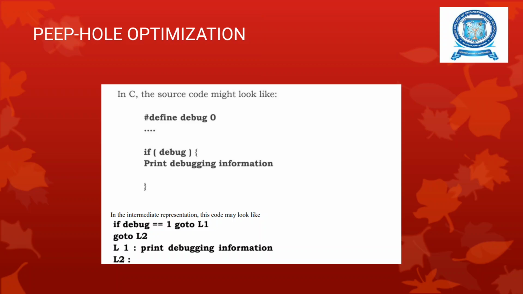So there is no need for the if statement, because we already defined debug as 0. In any case it does not meet the true value, it is always 0, so no need of this line. So this if statement is unreachable code; it cannot be reached at any time.